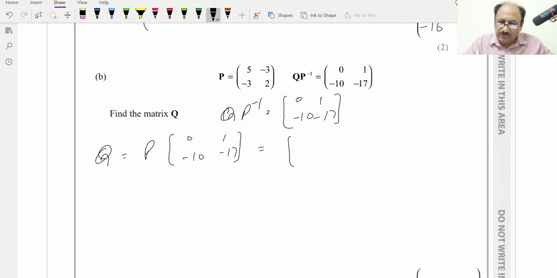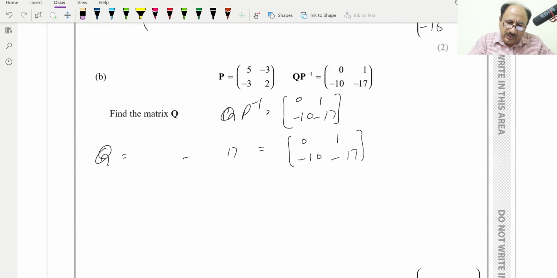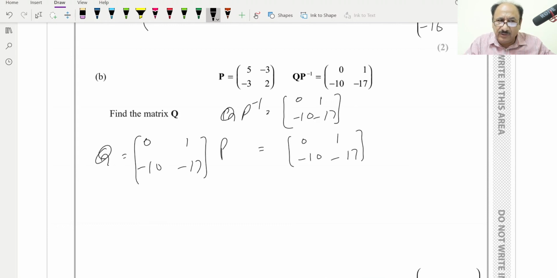So we will write 0, minus 10 and 1 and minus 17, and this will be multiplied with P. So we can rewrite this side as 0, minus 10, 1, minus 17 and multiply by P, and this P will be over here, 5, minus 3 and 2.